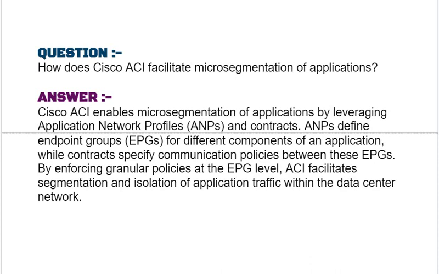ANPs define endpoint groups, EPGs, for different components of an application, while contracts specify communication policies between these EPGs. By enforcing granular policies at the EPG level, ACI facilitates segmentation and isolation of application traffic within the data center network.